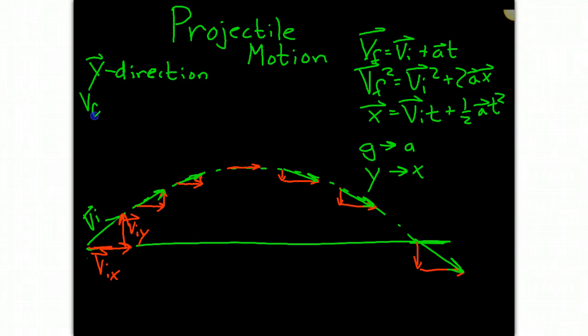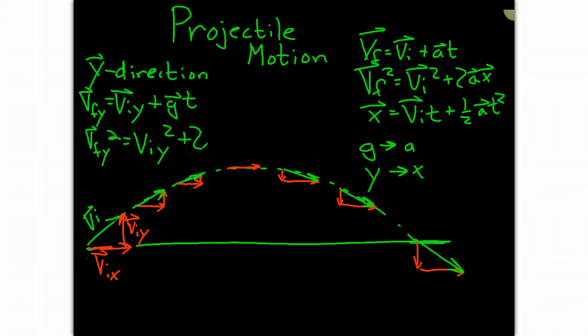So I write Vfy equals Viy plus gt, there's my substitution for a. Next, it is Vfy squared equals Viy squared plus 2gy.